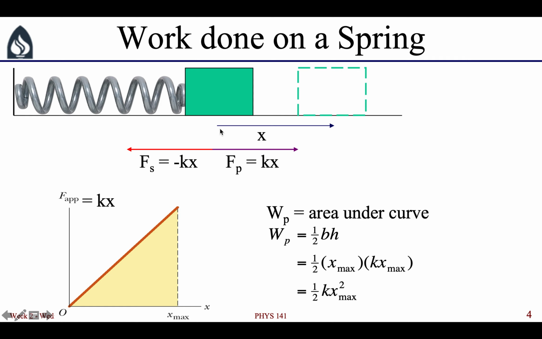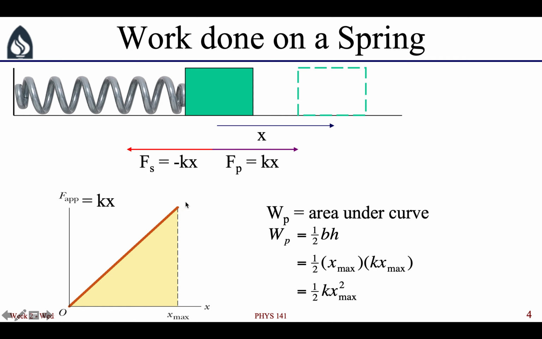So if we want to know how much work we are doing in total pulling the block, then we know that we have to find the area under the force that we apply versus displacement curve. And we can see in this case that curve is a straight line with a slope equal to k, and it increases as we pull the block further and further out.